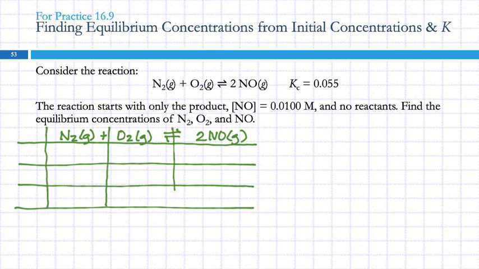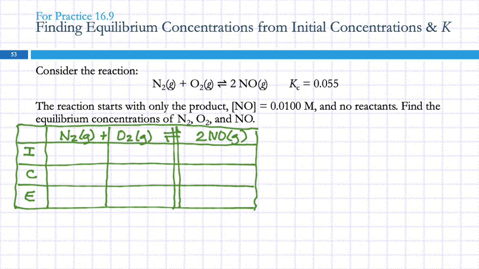I'm going to just do a double line here. Let's finish this off too, and the top as well, just make it all pretty. So this is I, this is C, and this is E. Okay? Make the ICE table.